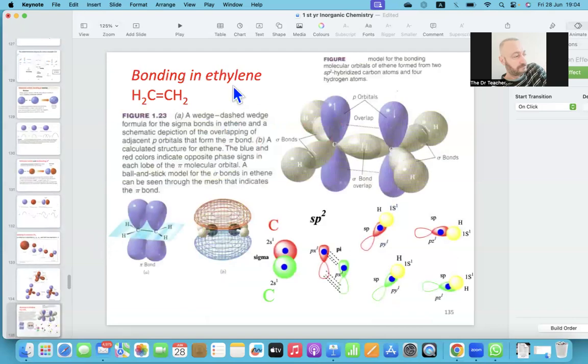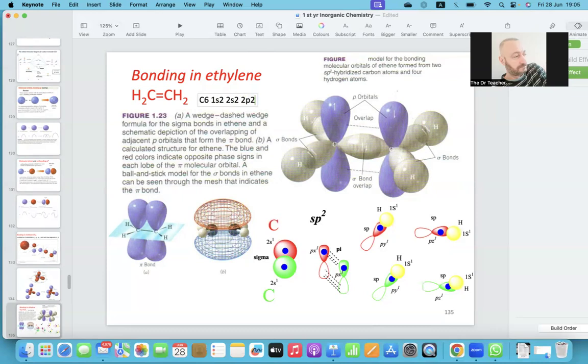Bonding in ethylene, C2H4. We have a double bond in the middle, formed from 4 electrons. So if you remember the carbon, carbon 6: 1s2, 2s2, 2p2.